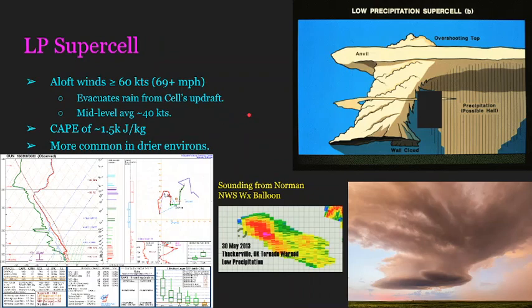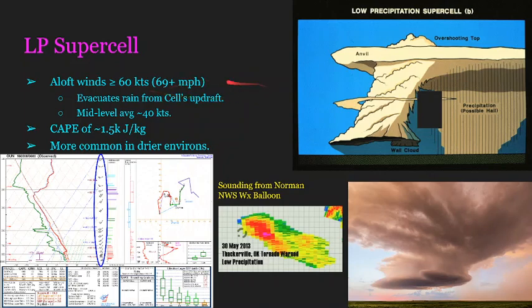On to the next mode of supercell, the low precip supercell, or LP, looking a little weaker than your classic, and that's for a reason. These are also usually more tilted than normal, because you have your aloft winds of equal to or more than 60 knots, which is equal to or more than 69 miles per hour, as seen here in this sounding from a Norman NWS weather balloon.